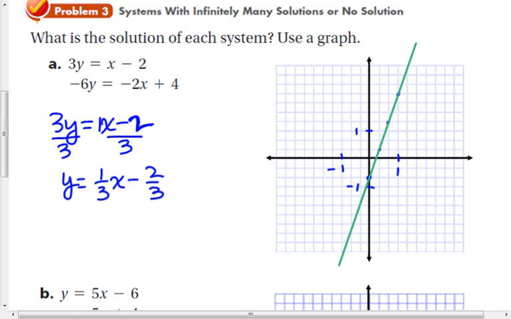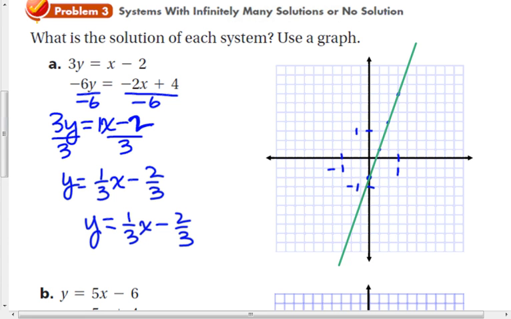All right, and our other line, we can get that by just dividing both sides by -6. And if I do that, I get y equals -2 divided by -6 is 1/3 x. 4 divided by -6, if I simplify that, is -2/3. Now when I graph that, that's the exact same equation.